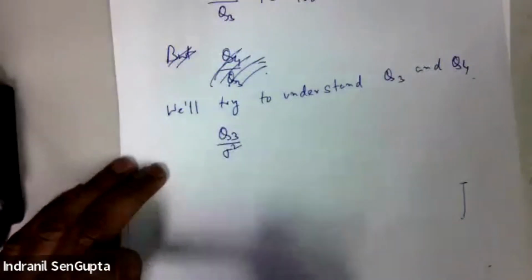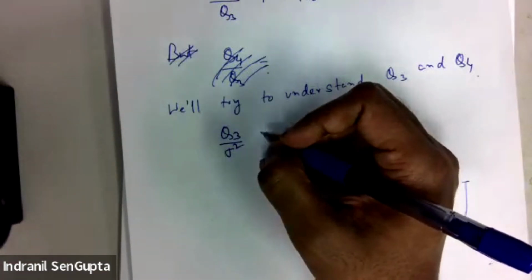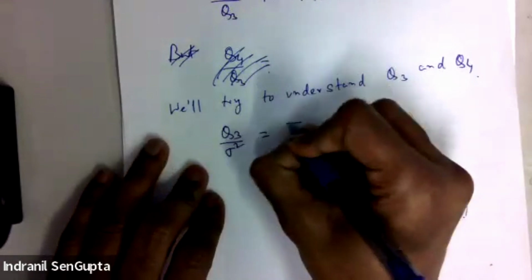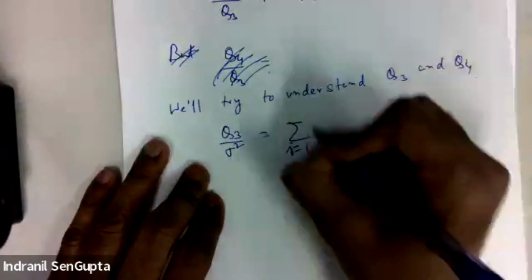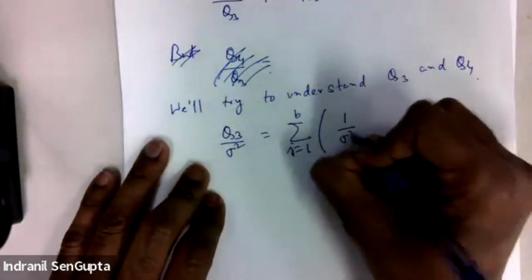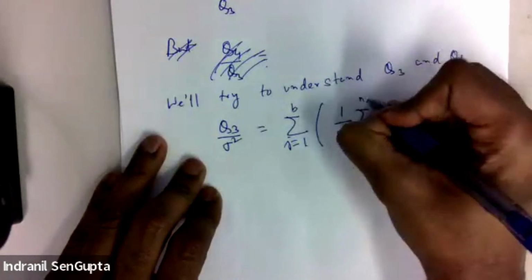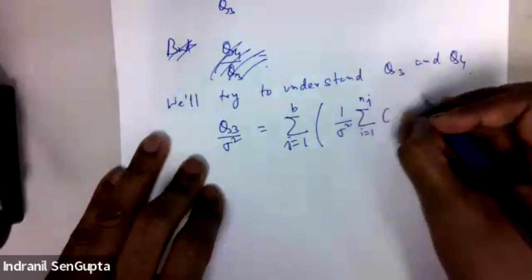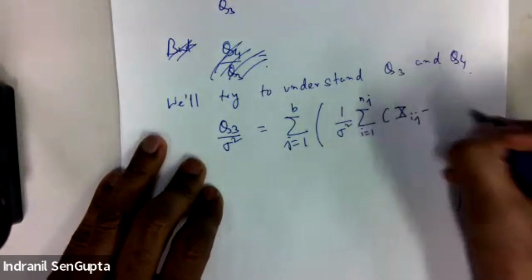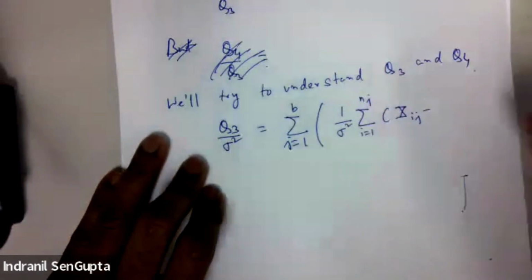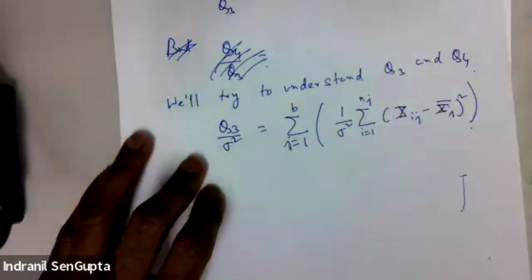This quantity. So let's write this Q3 over sigma squared one more time. According to our definition, I can just write this in the following way: the sum over j from 1 to b, of 1 over sigma squared, times the sum over i from 1 to n sub j, in the case of random variables, say X_ij minus X_j bar squared.